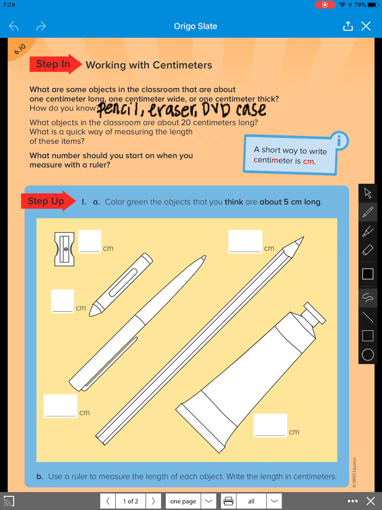The next question says, what objects in the classroom are about 20 centimeters long? Remember, since we're not in the classroom, we're obviously looking around at home. So some things that are 20 centimeters long, you could think of a remote control for your TV.